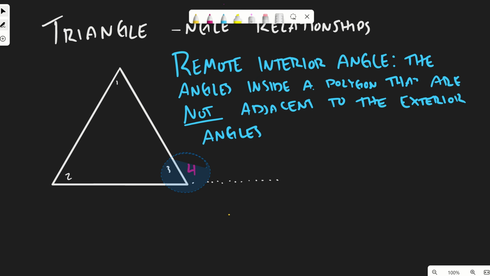So if here's my exterior angle, the two angles that are not adjacent are angles 1 and 2.